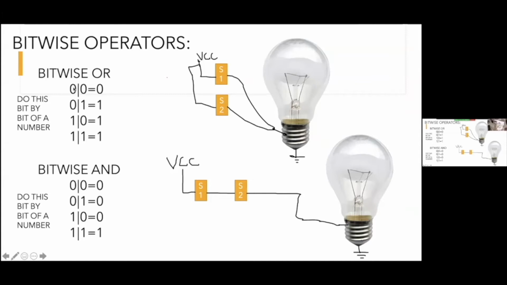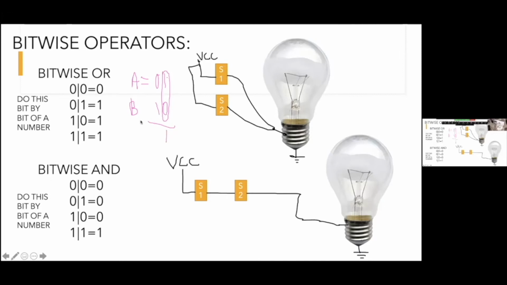Let's say there are two numbers A and B, and let's say A equals 0 1 and B equals 1 0. When we do the bitwise OR, we first see these two bits, and according to these rules, 1 or 0 must be 1.